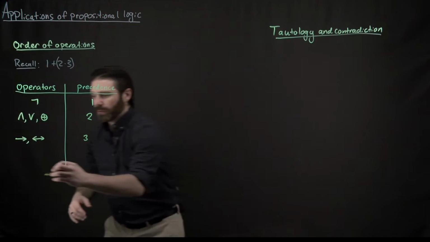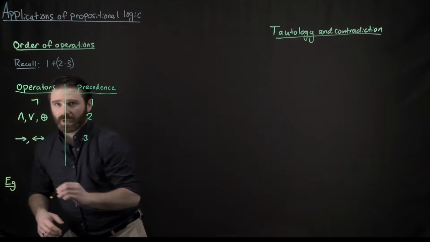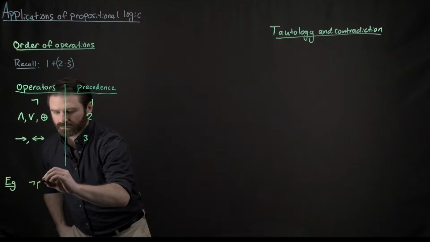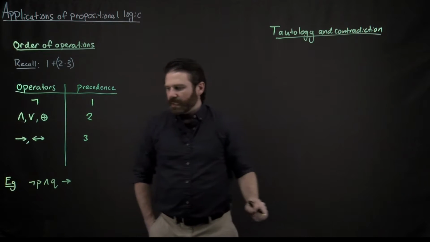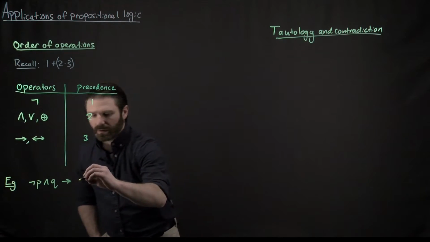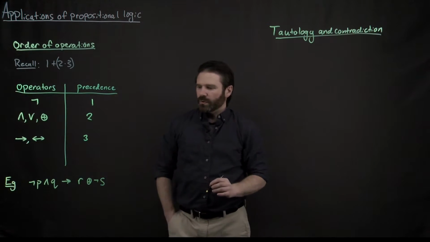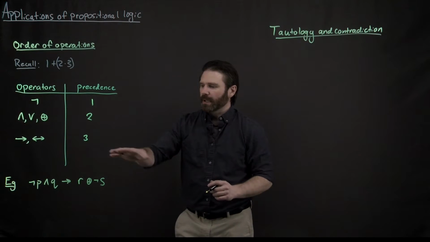So as an example, if we were to write some proposition that looked like the following: not P and Q implies R XOR not S. We need to know in what order we're going to apply these.